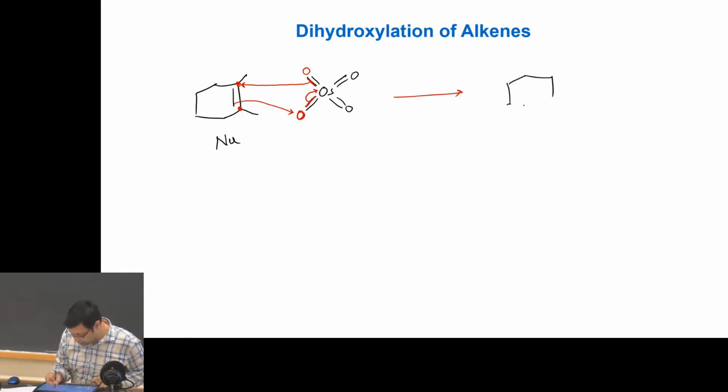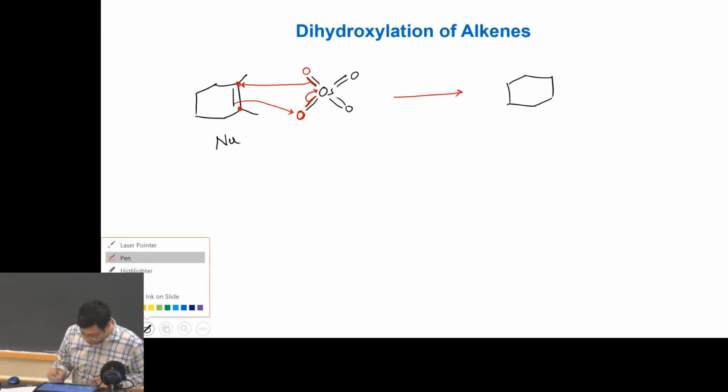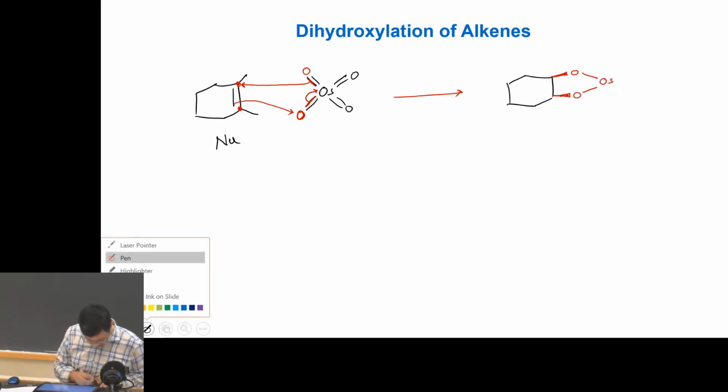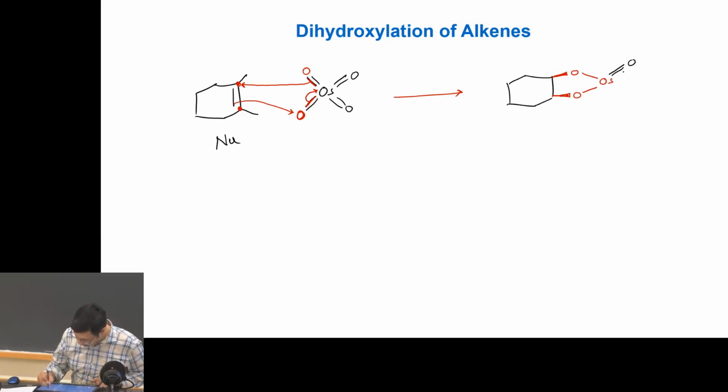The ring as it is. Both the double bonded carbons are now bound to the oxygen. These oxygens are still bound to the osmium. Now if the oxygen bonded to carbon is on the top, the CH3s are at the bottom.